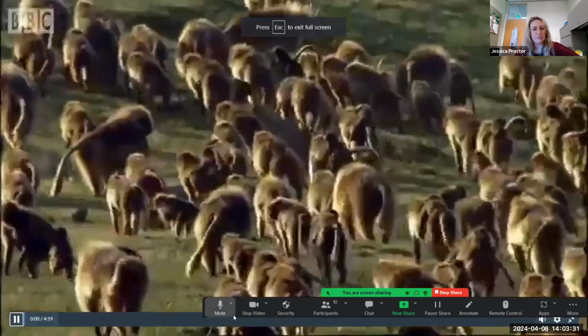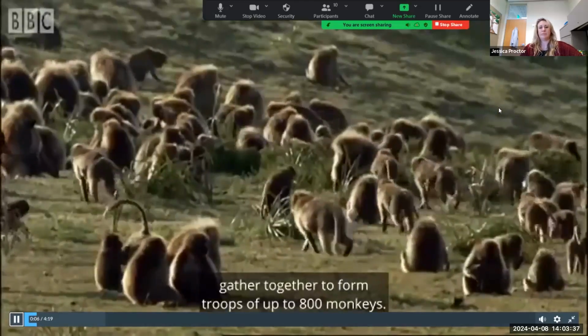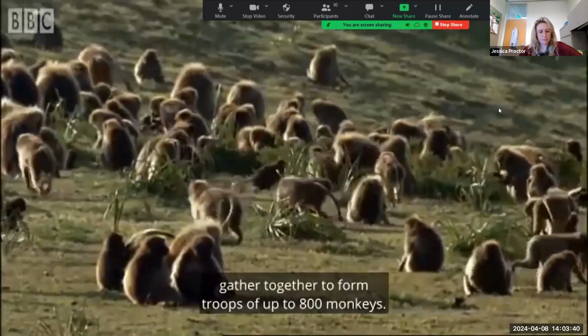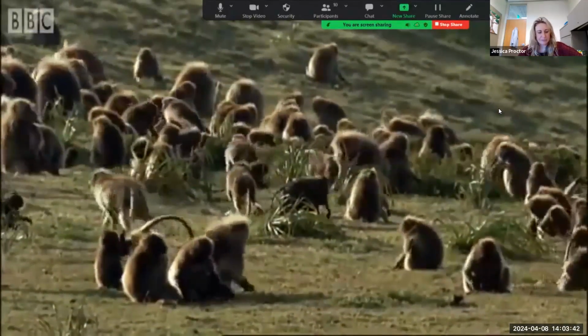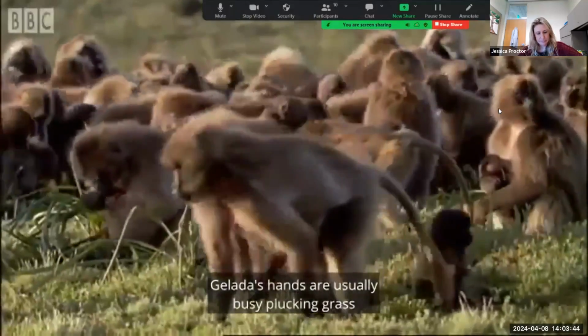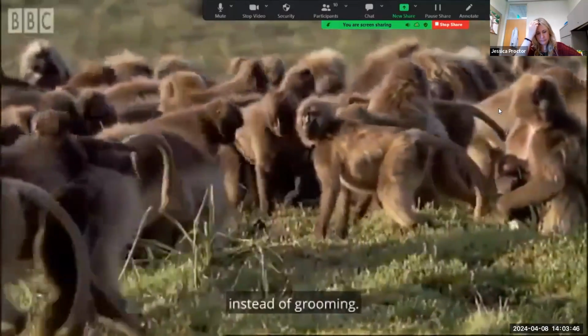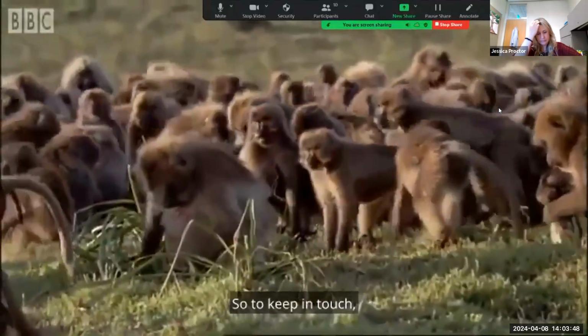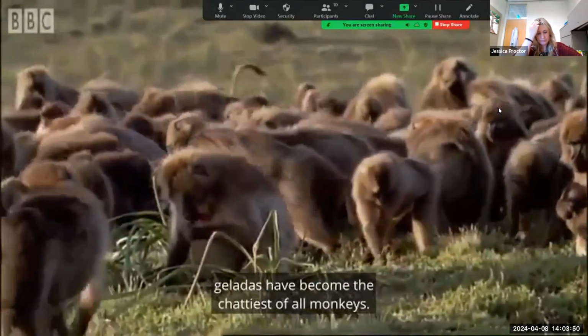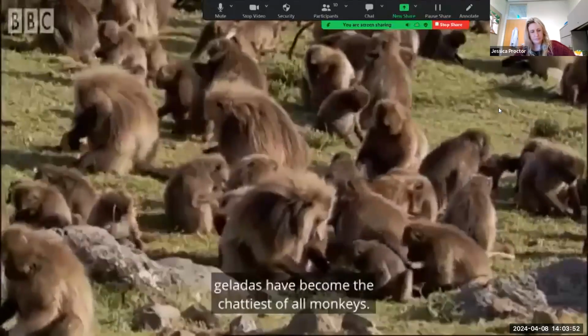Groups of mothers and their young, a harem, gather together to form troops of up to 800 monkeys. Gelada's hands are usually busy plucking grass instead of grooming, so to keep in touch, Geladas have become the chattiest of all monkeys.